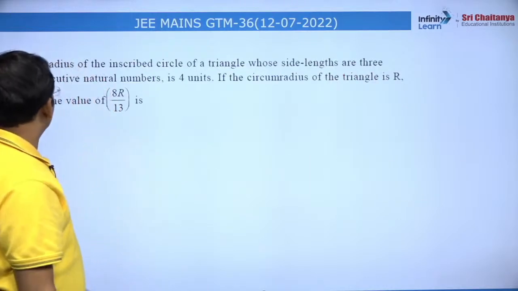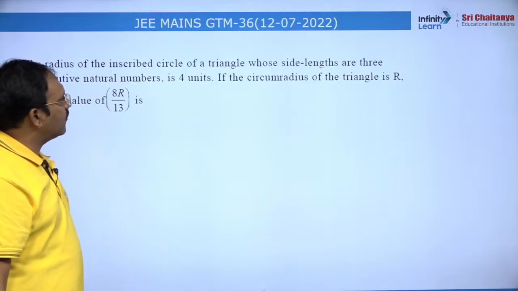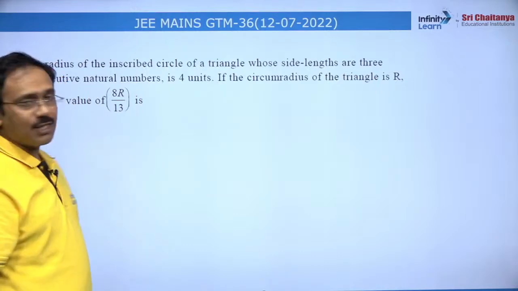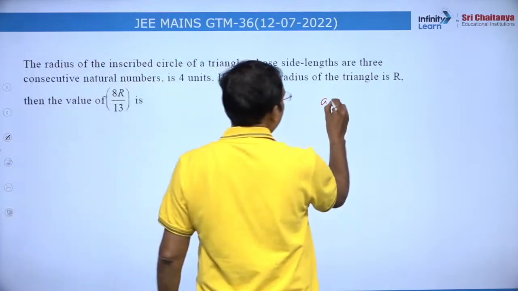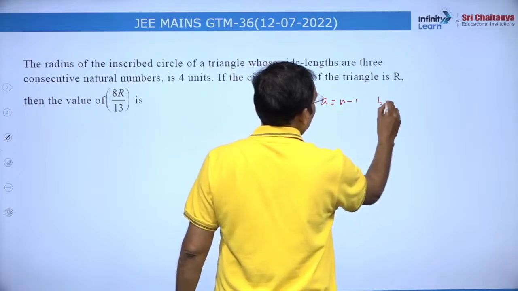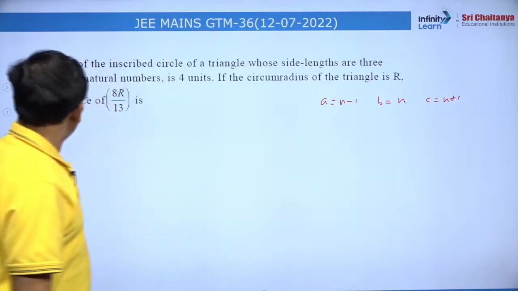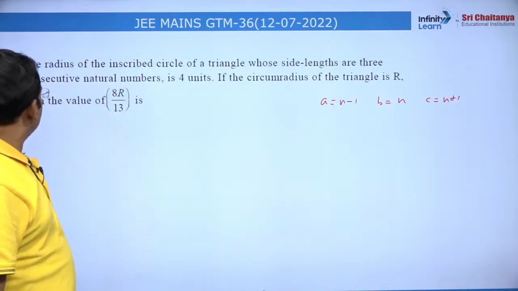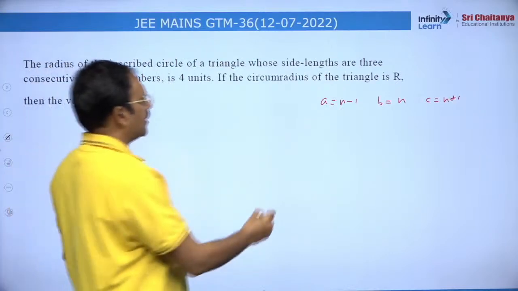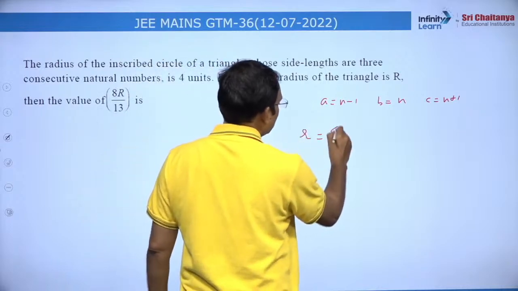Next, my dear friends, the radius of the inscribed circle of a triangle whose side lengths are 3 consecutive natural numbers. Let it be n minus 1, n, n plus 1. Now, my dear friends, the radius of the inscribed circle, small r, is equal to delta by s.